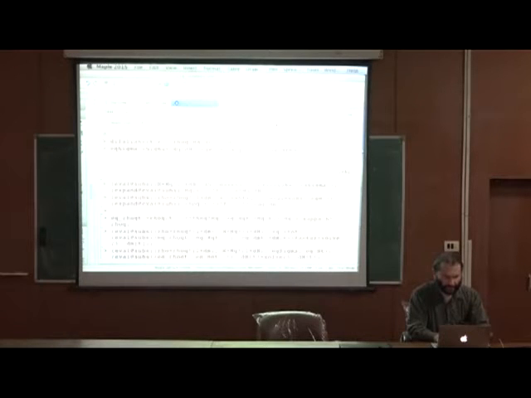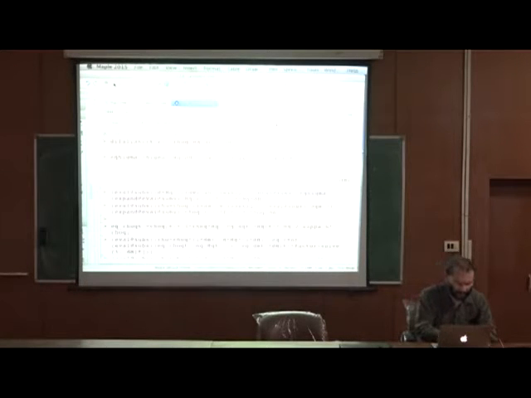Here we introduce sigma and W in terms of the fluctuations. And then what we're going to do, first we're going to look at the constraints.